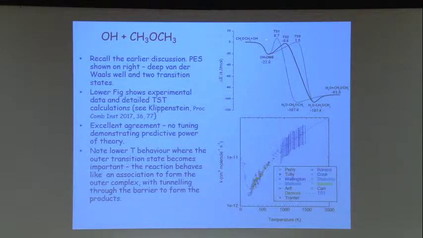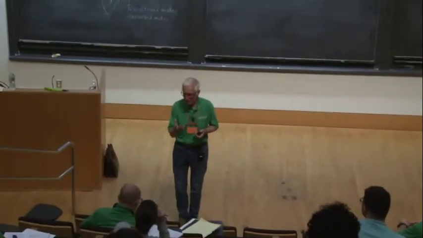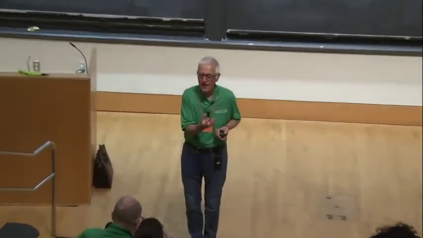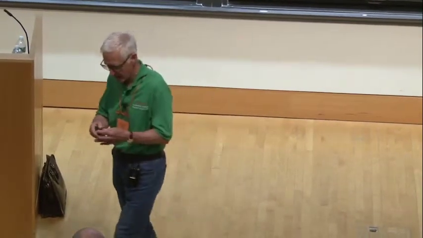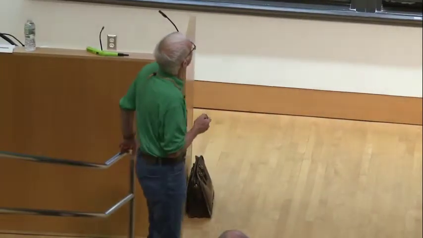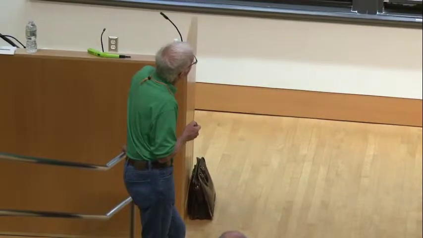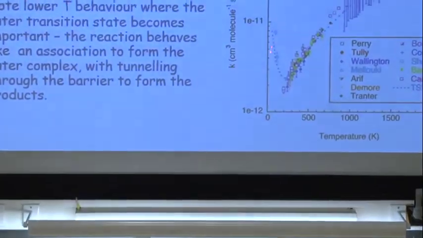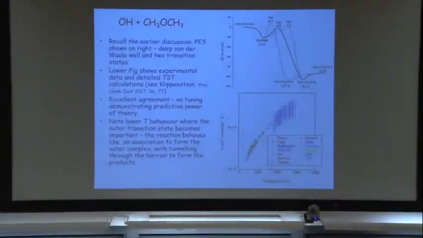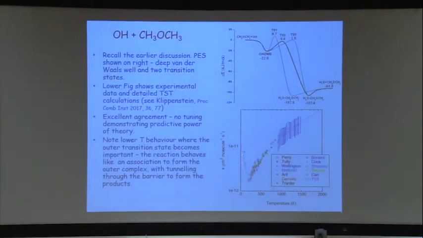And that process is going to become more and more effective as the temperature goes down, because the lower the temperature, the more they're going to want to hang around in this van der Waals well, rather than just dissociate back to the reactants. And so that's the explanation of why the rate constant begins to increase so dramatically at these very low temperatures.